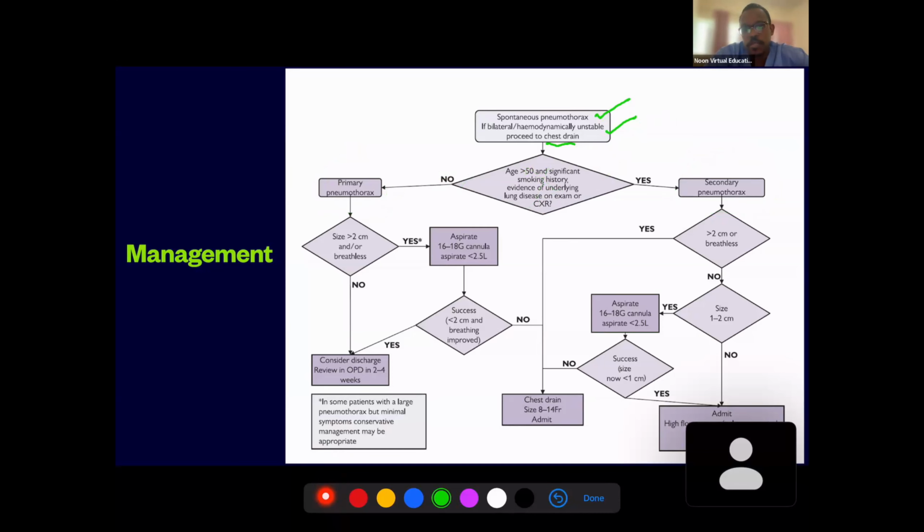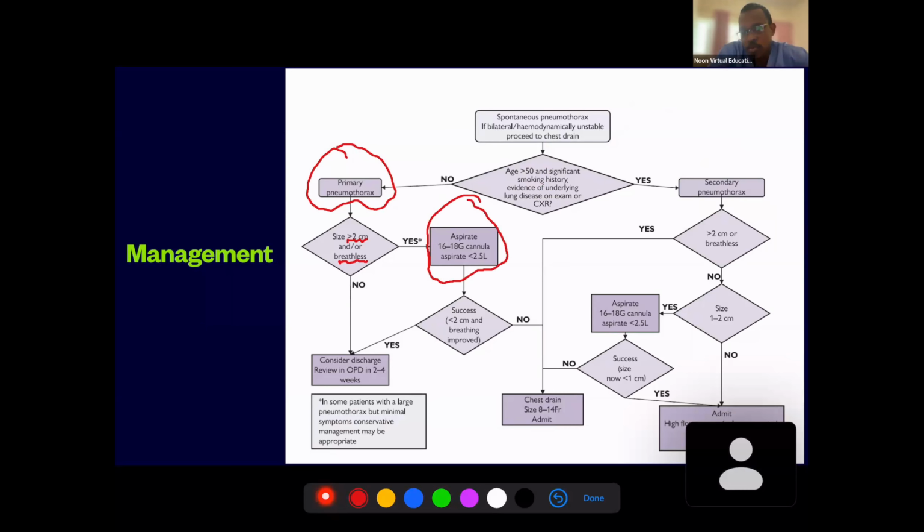Now we decide this patient has primary pneumothorax. Okay, we are here. If the patient has primary pneumothorax, you need to determine two things: the size and the symptoms. If the size is more than 2 centimeters, or the patient has shortness of breath, go and aspirate, using a 16 to 18 cannula.